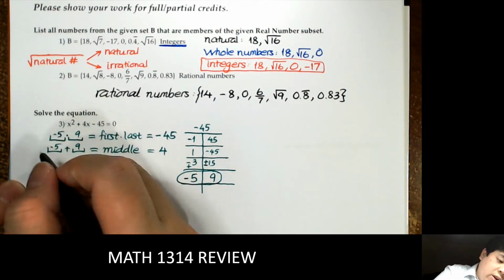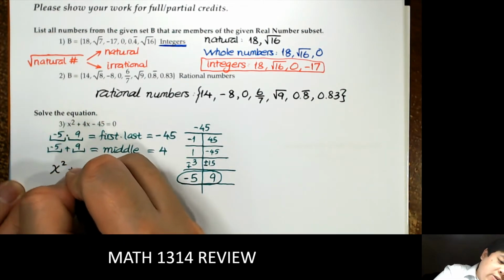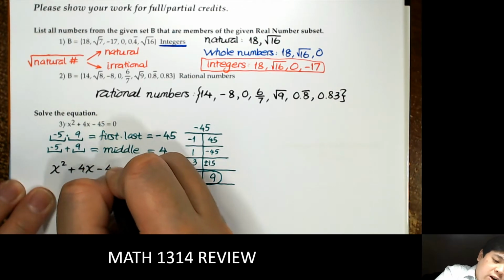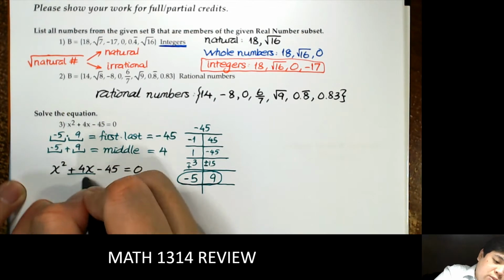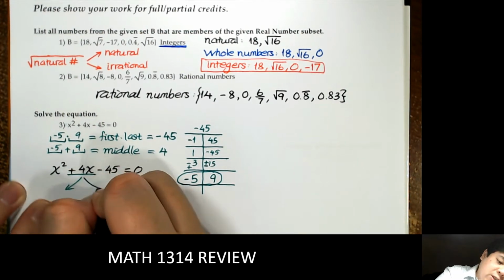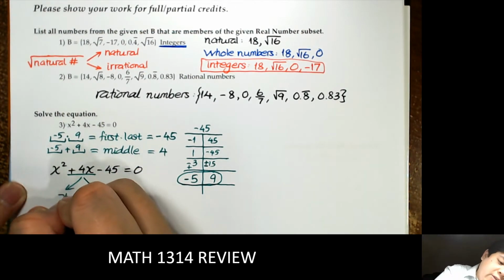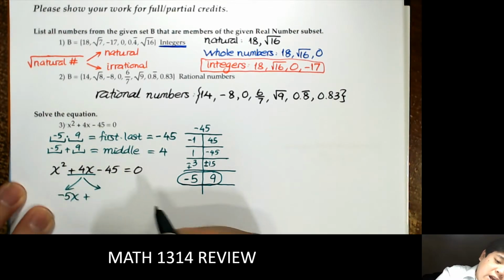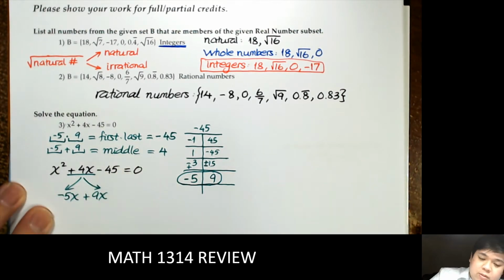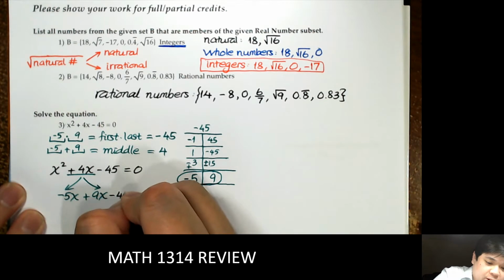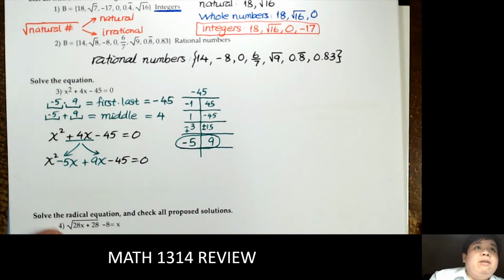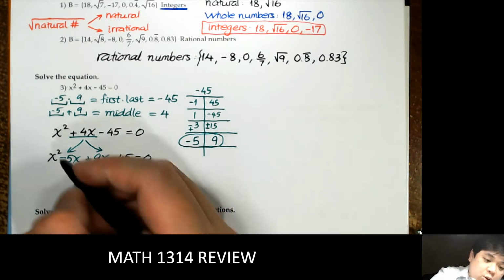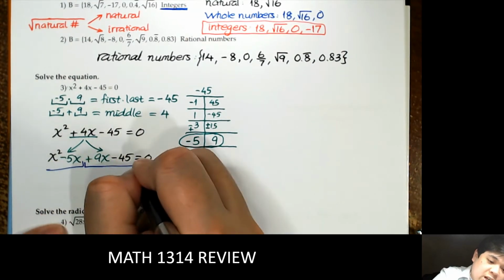So we start with x squared plus 4x minus 45 equal to 0. I will split the middle term into negative 5x plus 9x, so x squared minus 5x plus 9x minus 45 equal to 0. Then we can factor. Let's group the first two and the last two.